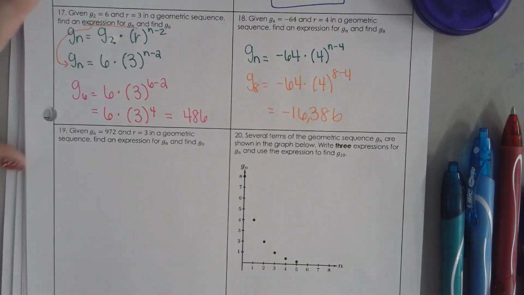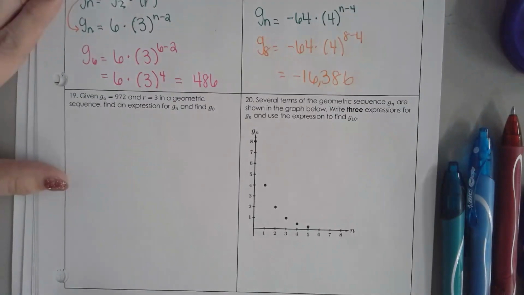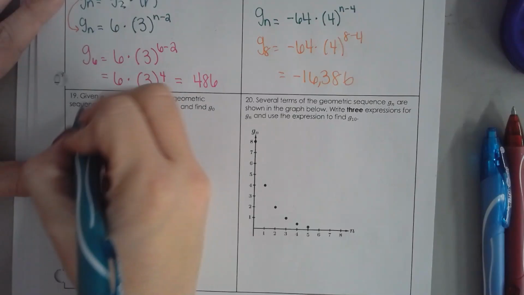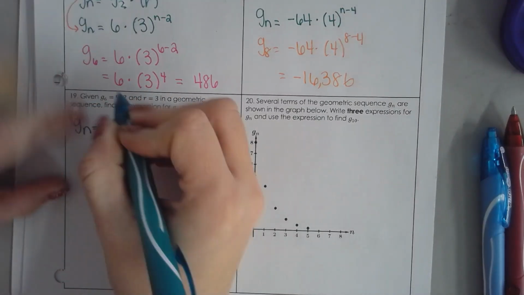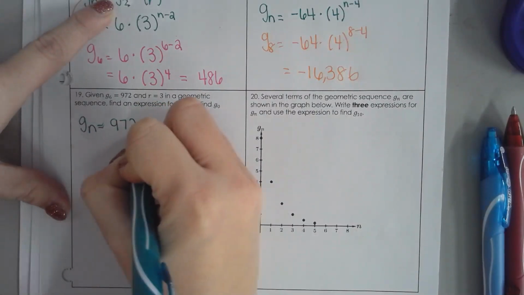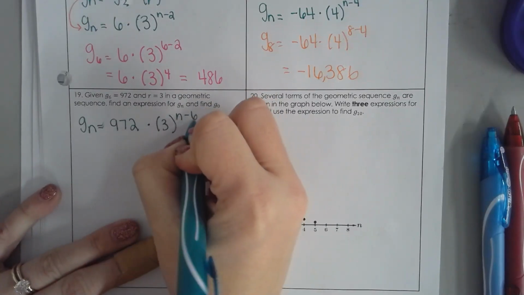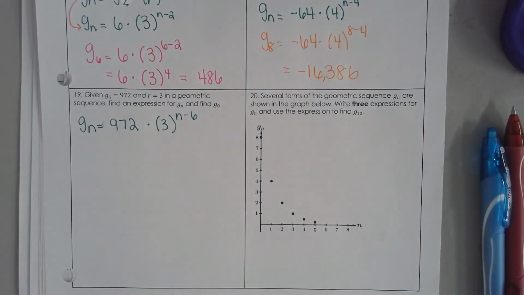Number 19 is basically the same. We're given G6, so I'm going to use G6. My R is 3, but I have to use n minus 6 in my exponent because I'm given G6 instead of G1.